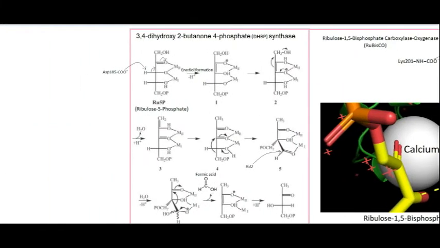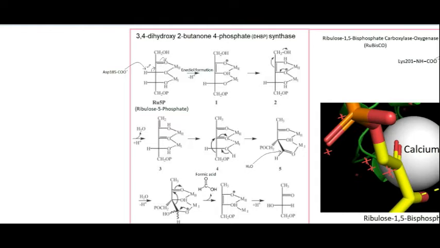So the next step I have up here is actually this DHBP synthase. As we saw earlier, that's the one that starts from ribulose 5-phosphate, so from the pentose phosphate pathway. And it uses this mechanism here, so this aspartate 185 actually deprotonates this carbon here, the third carbon in this 6-carbon chain.